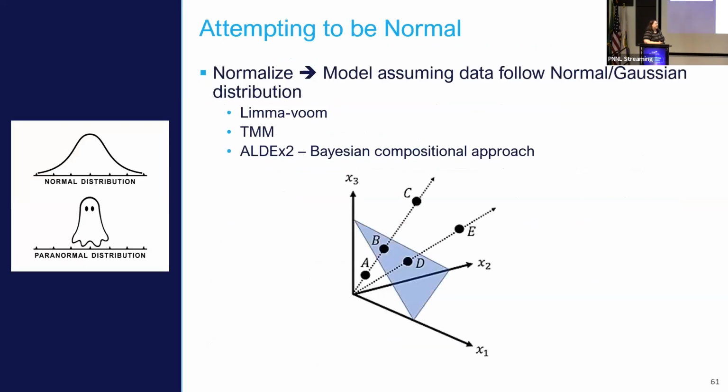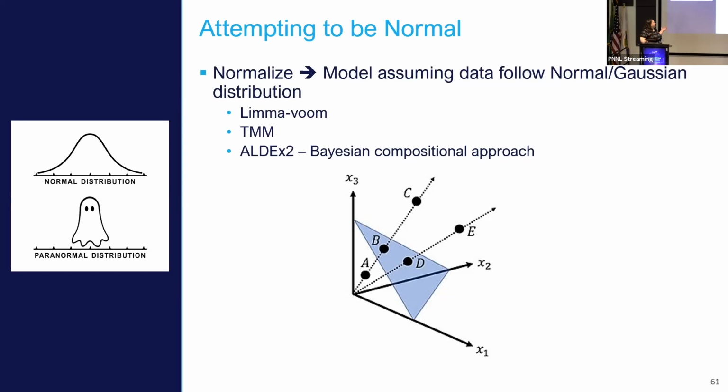The other thing that people do, which we haven't talked a ton about, is, if you haven't noticed a theme this week, the theme of a lot of biological statistics is trying to manipulate data so that it approximately follows a normal distribution, because a normal distribution has nice properties. They're the types of models that have been around for over 100 years.